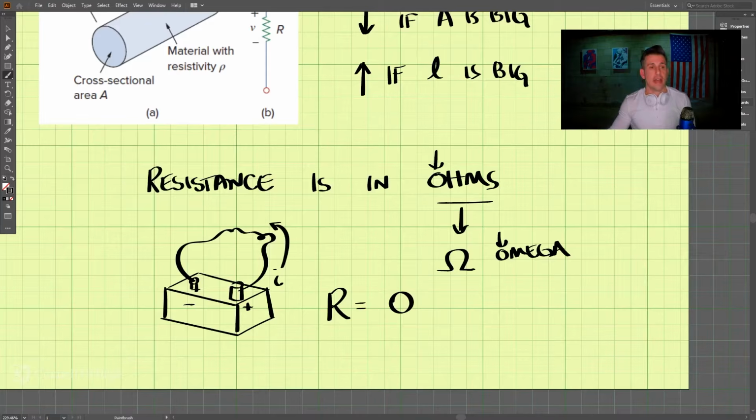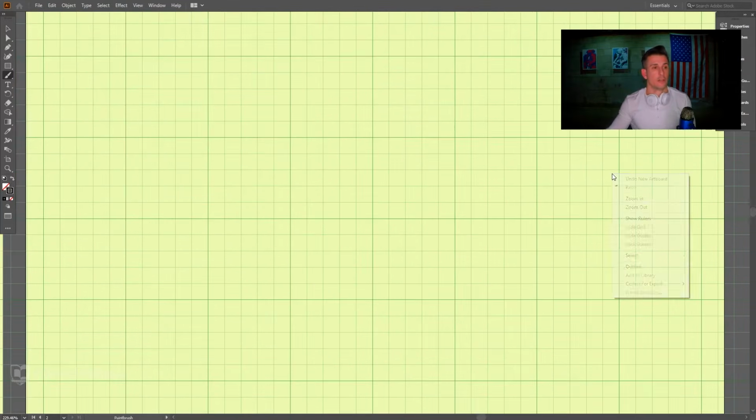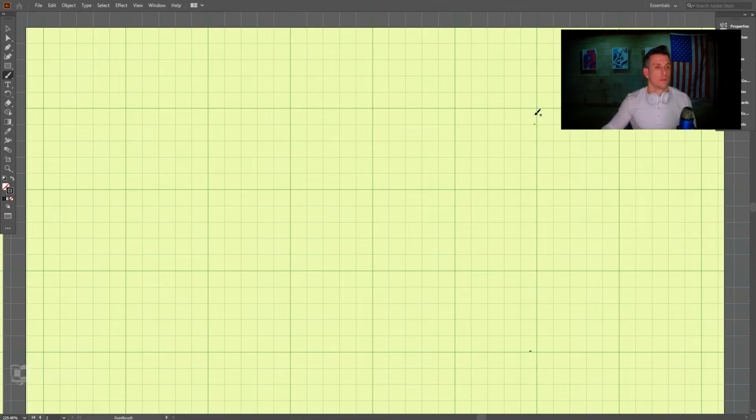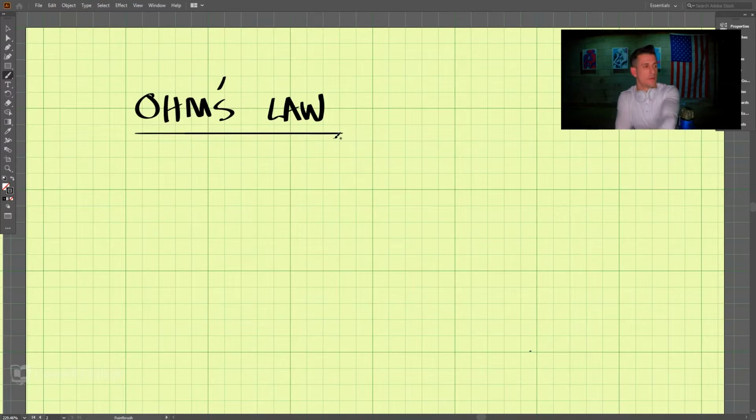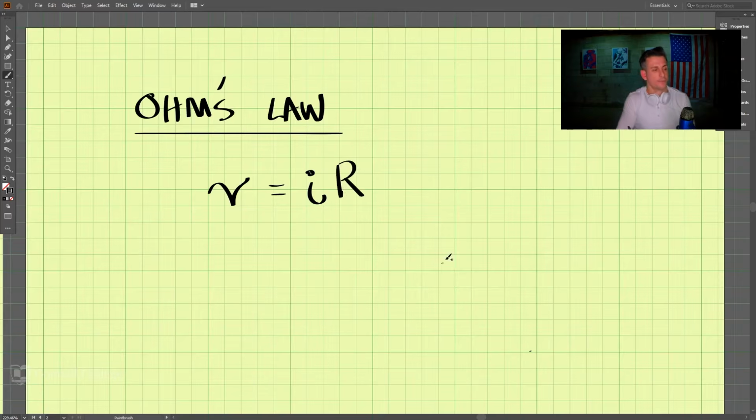Now let's take a look at Ohm's law. This is very important in this class. Ohm's law. We have V equals I times R. So what does this mean?